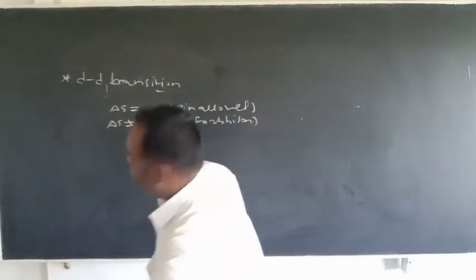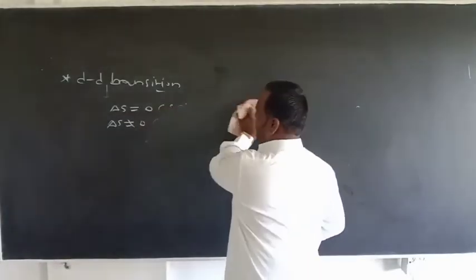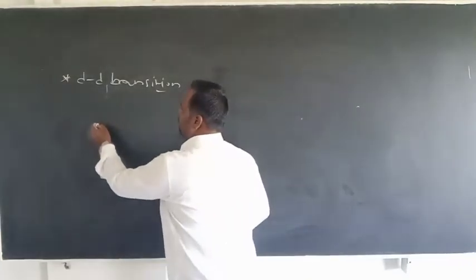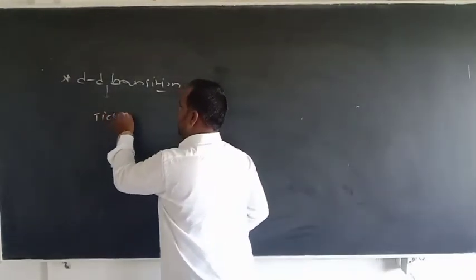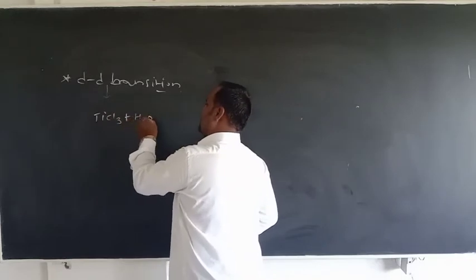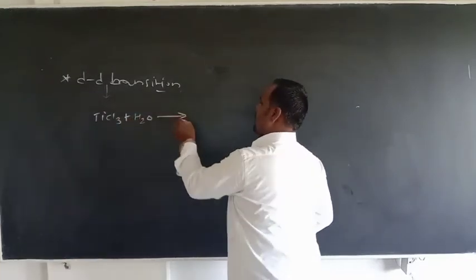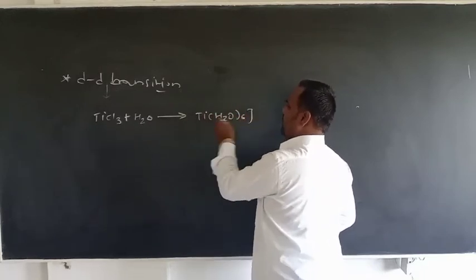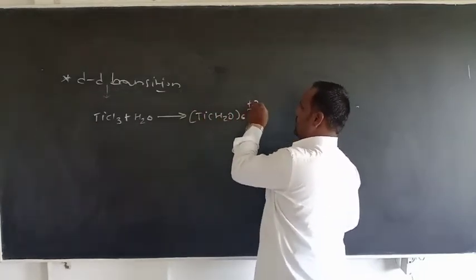So let us see some examples of these d-d transitions. That is the example of titanium trichloride. When it dissolves in water, it will form [Ti(H2O)6]3+, and this titanium is in the +3 oxidation state.